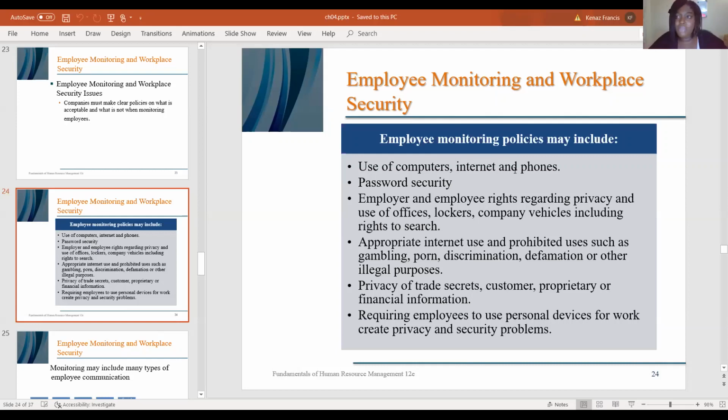Somebody's credit card information, or how much profits we made last year, or what our usual sales are like on a particular day, right? Requiring employees to use personal devices for work creates privacy and security problems. And that is why I am one for not using my private device for work, because then if there's a breach here, it creates an issue, okay?